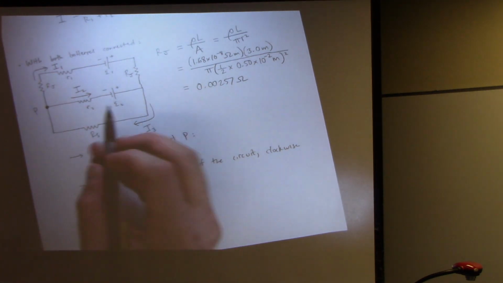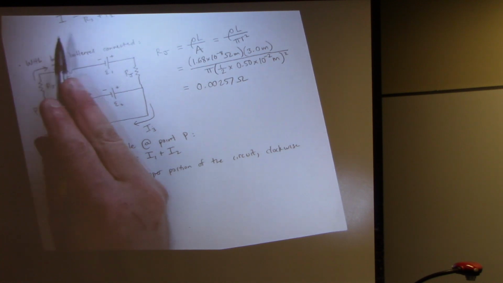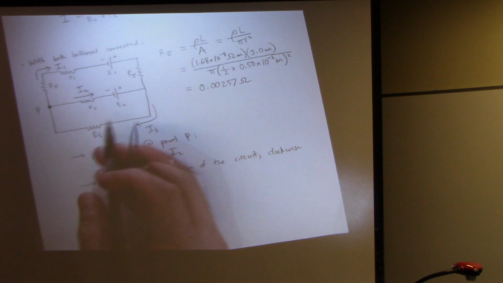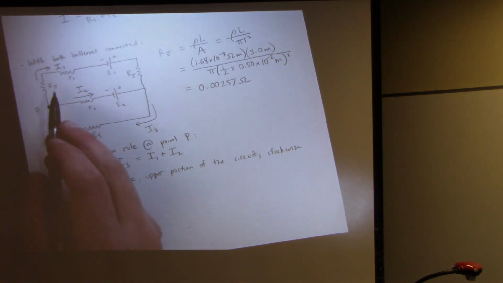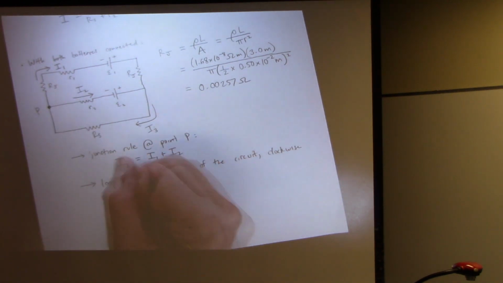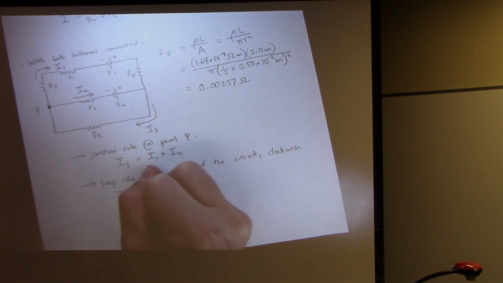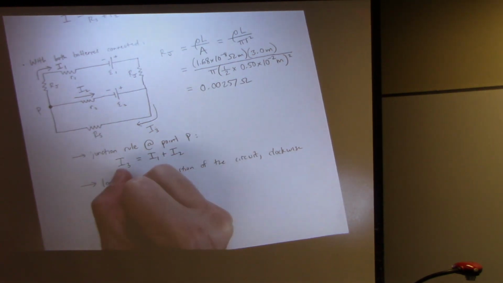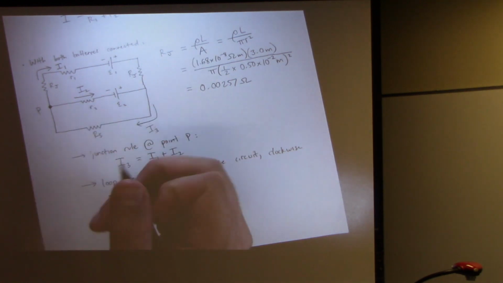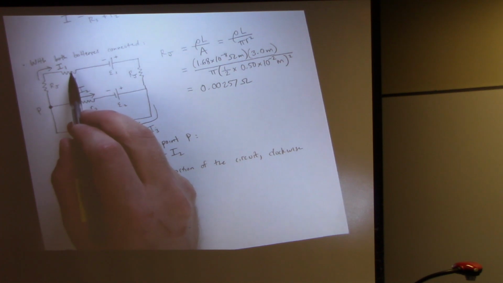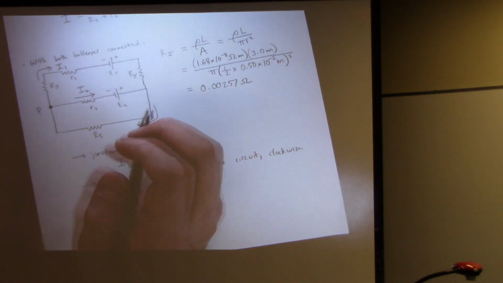All right, so the first thing we're going to do, if we take this upper loop going clockwise, just like this, is we're going to go across the resistance of the jumper cable on the left side. So the current is I1, the resistance is RJ, and it's negative for this voltage because we're going in the direction of the current.